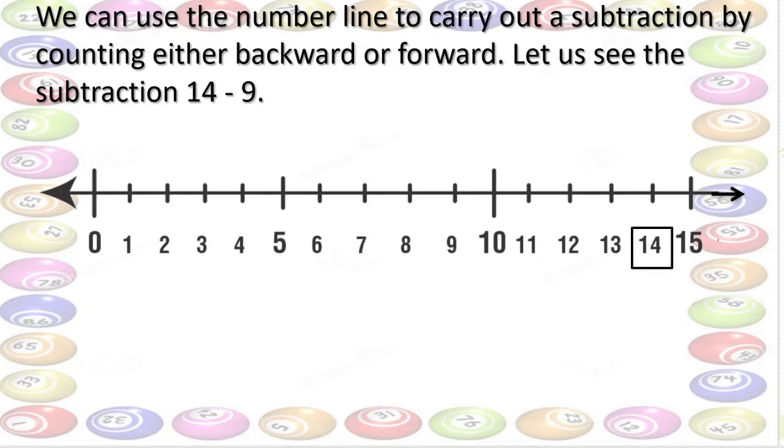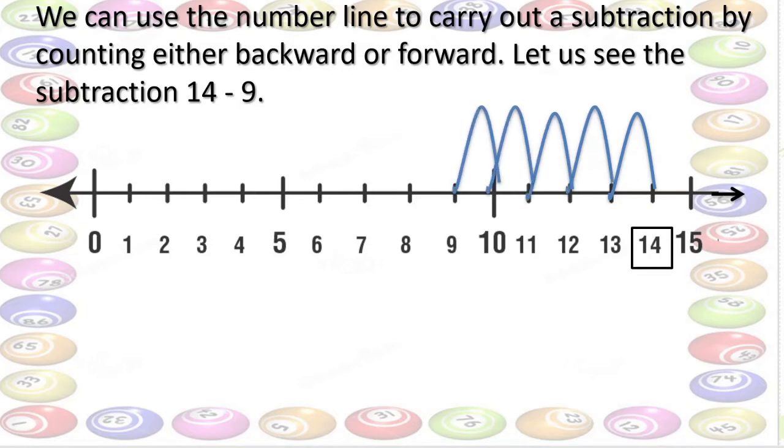Here it is 14. Okay. We will count backward. See 1. How many numbers we have to count backward? 9 numbers, isn't it? So 14 minus 9. This is 1, 2, 3, 4, 5, 6, 7, 8, 9. We counted 9 numbers backward.